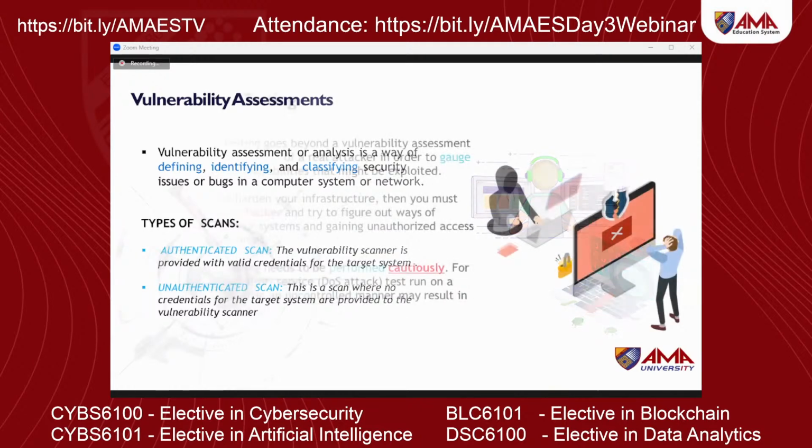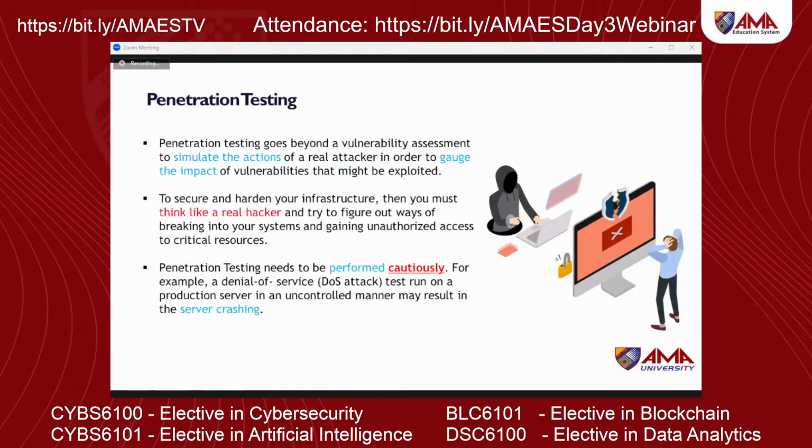And then lastly, the penetration testing under security assessment breakdown. So dito sa penetration testing, okay, the penetration testing goes beyond the vulnerability assessment na sinasimulate yung actions ng real attacker in order to gauge or to measure para malaman yung impact ng weaknesses or weak points that might be exploited.